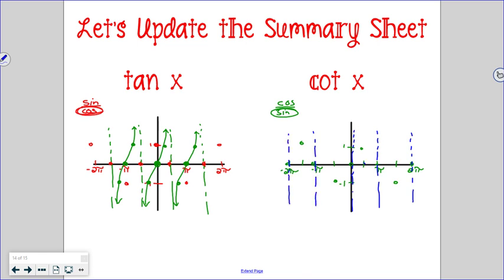Our cotangent curve starts exactly halfway between our asymptotes on the midline and decreases. So left halfway up one, right halfway down one, decrease between my asymptotes.